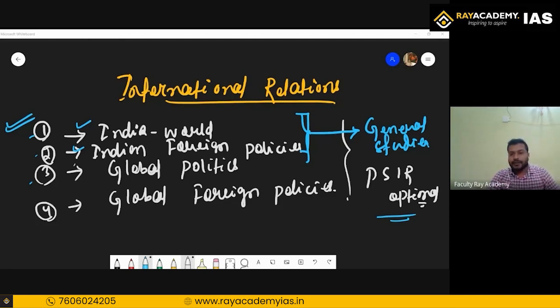As the topic itself is international relations, it is about how India maintains its relationship with other countries through political, cultural, social, economic, diplomatic, and people-to-people ties. That is how India in the world is defined. This is the starting point.